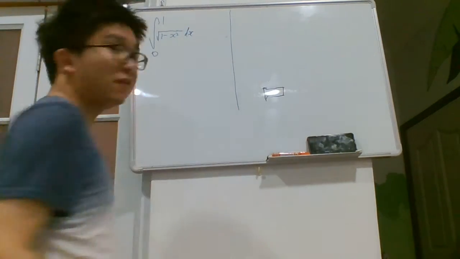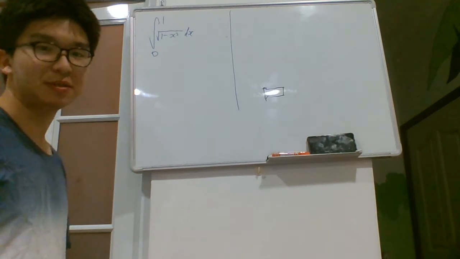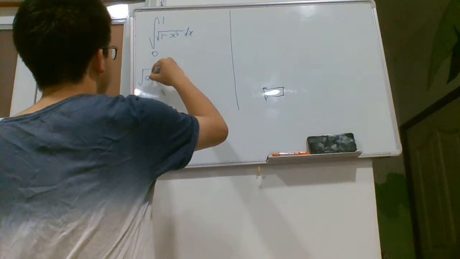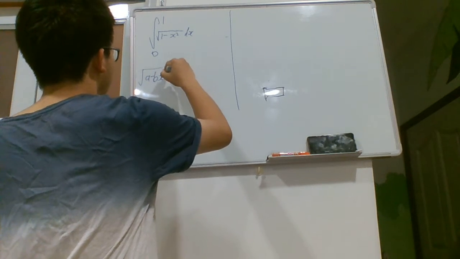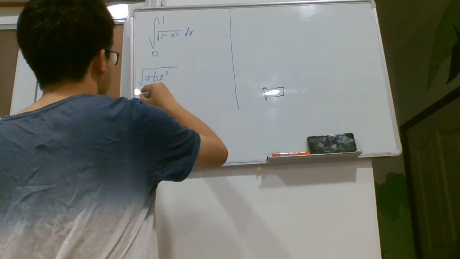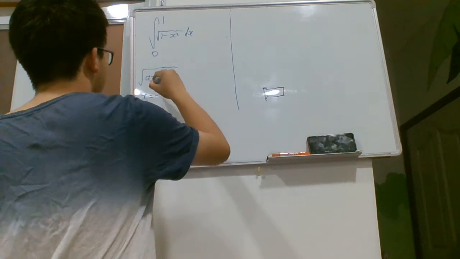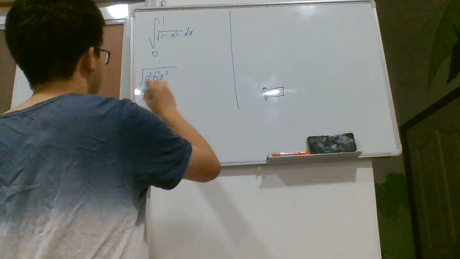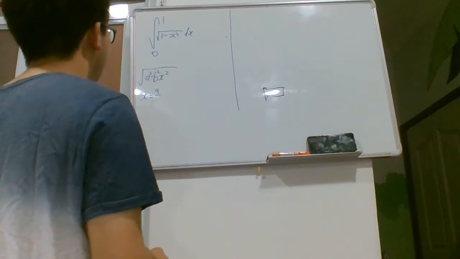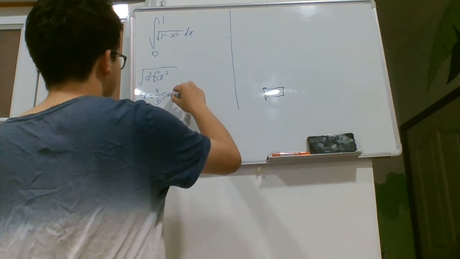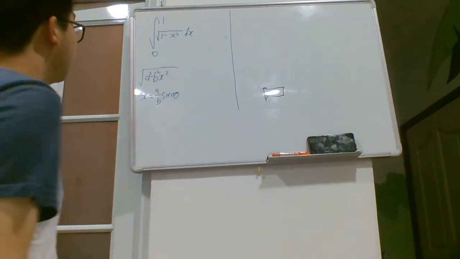The formula of trigonometric substitution states that if you have a square root of a minus b squared x squared, you sub x equals a over b sine theta, or whatever variable you want.